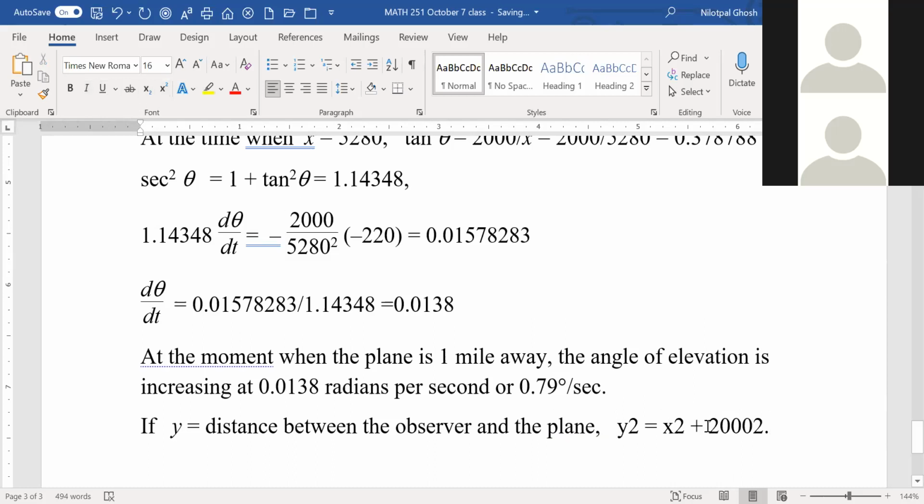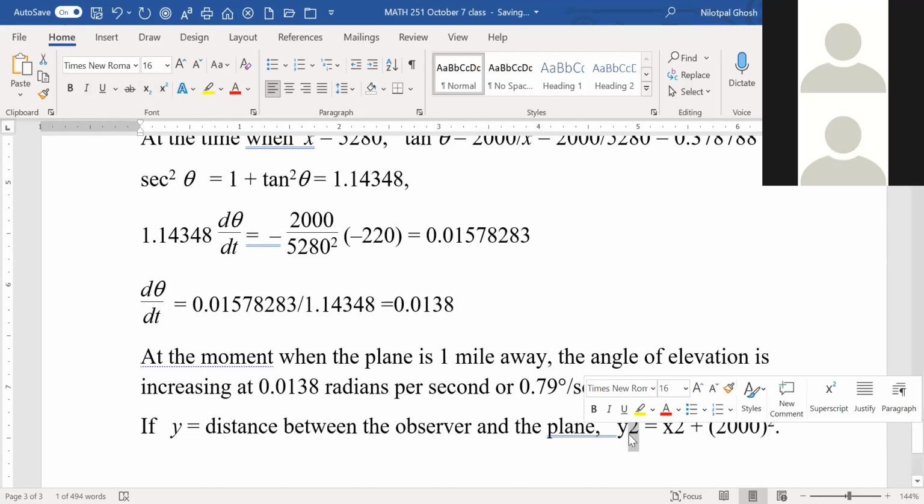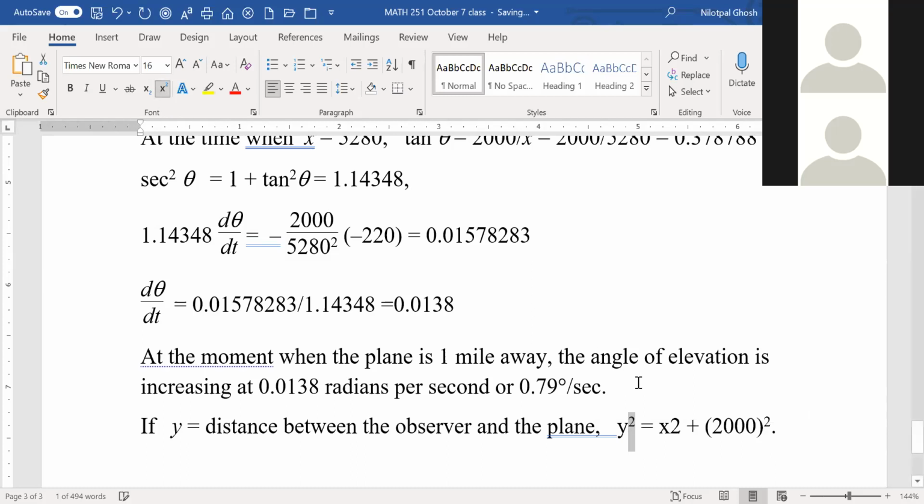I can put the 2000 in parentheses if you like, just to make it look easy for you. So x is the bottom, I mean the adjacent side, 2000 is the opposite side, and y is the hypotenuse.